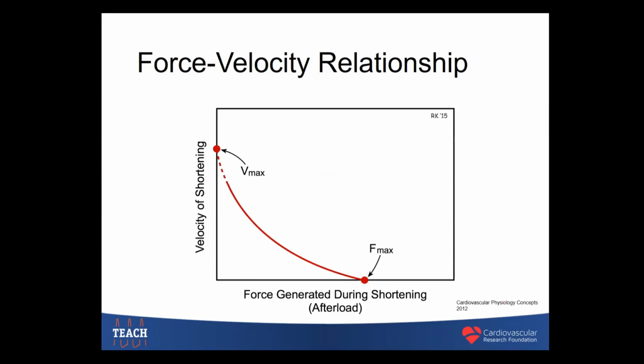But basically, the reason why afterload is important is you can look at the force velocity relationship. All this is showing you is that as your afterload increases, your velocity of shortening decreases. And so your ability to generate force decreases with increasing afterload.